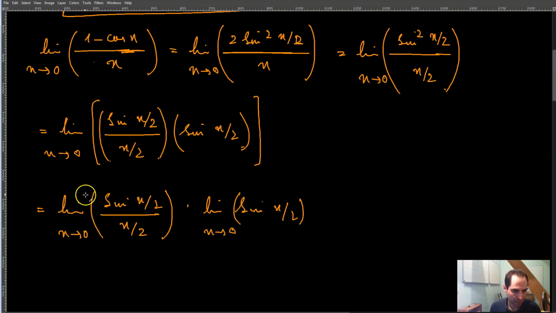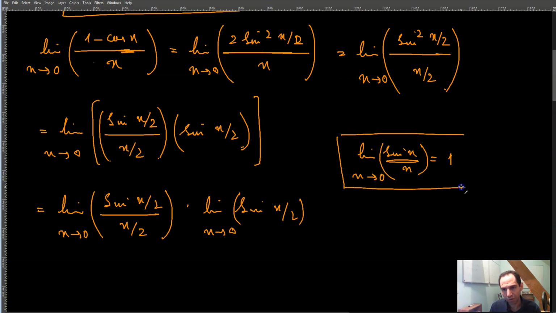We said that the limit of sine x by x as x tends to 0 is equal to 1. We already showed this, which means that instead of x, you can of course say x divided by 2, x divided by anything. It's just important that the angles are the same.